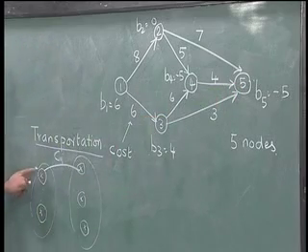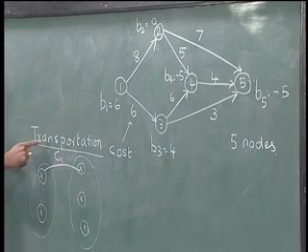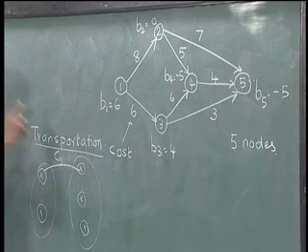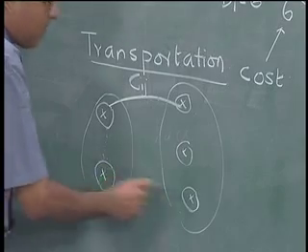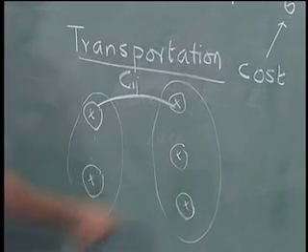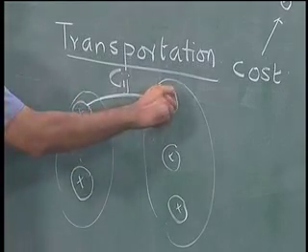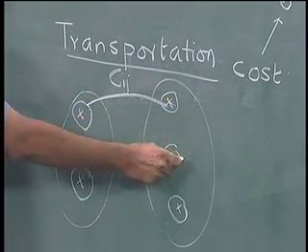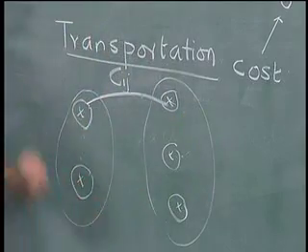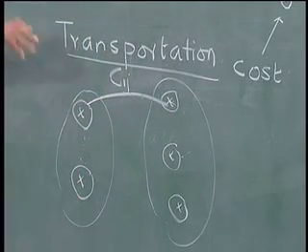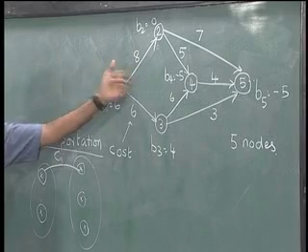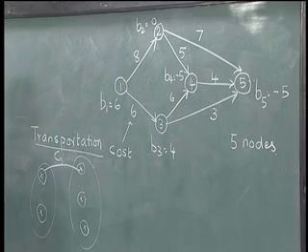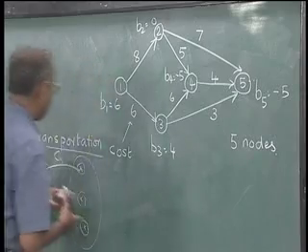Whereas such a thing is not explicitly modeled in a transportation problem. In a transportation problem, we do not have a scenario where from here we can transport to this and then we go back and transport here, or from here we can transport to this point and then we transport to this point. Such a thing is not modeled in a transportation problem, but such a thing is modeled in the minimum cost flow problem.